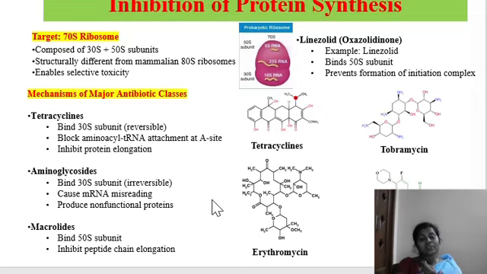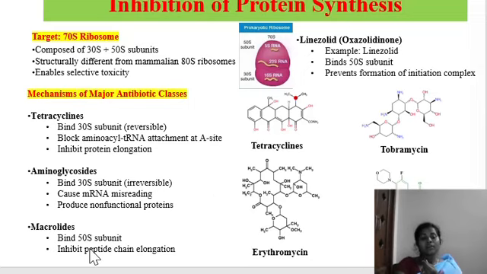Reversible manner in the sense these 70S ribosomes can easily dissociate to form 30S and 50S ribosomal units. Whereas in the irreversible manner, the 70S ribosome cannot be dissociated, only by certain reaction mechanisms or certain modes of action will the dissociation take place.